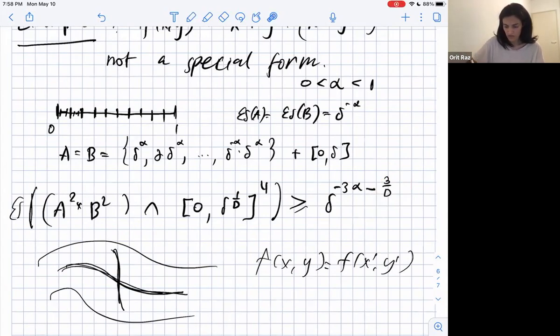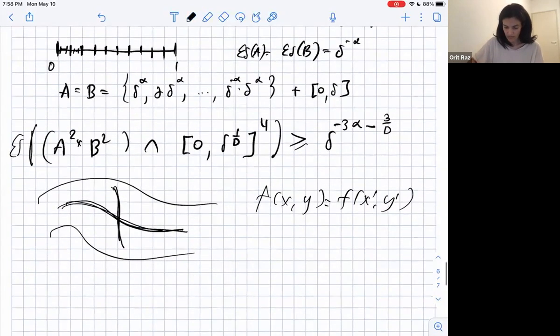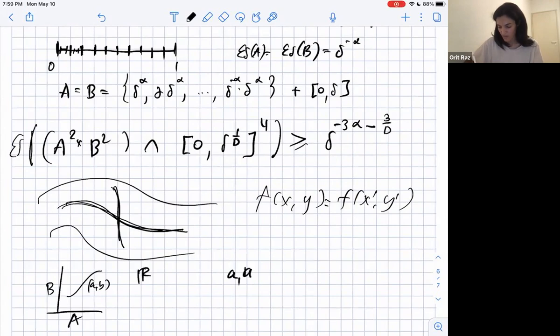So some quadruples are problematic, and we know how to identify them here in R4. But in order to avoid this dependency on the dimension in this exponent, we had to identify already in R2 the pairs A, B such that A and B are going to participate in some problematic quadruple.